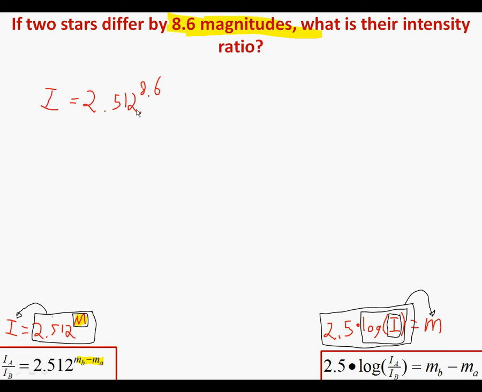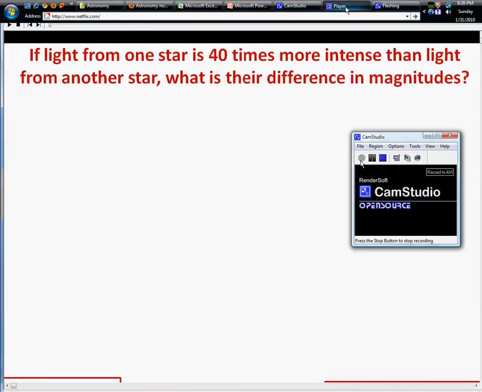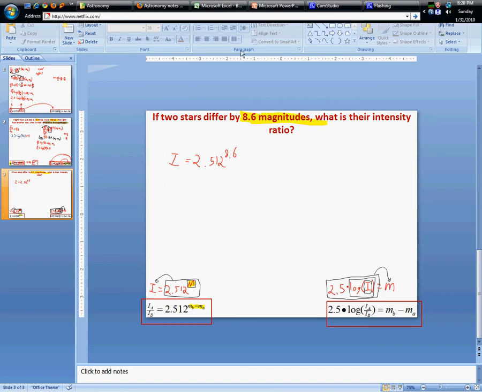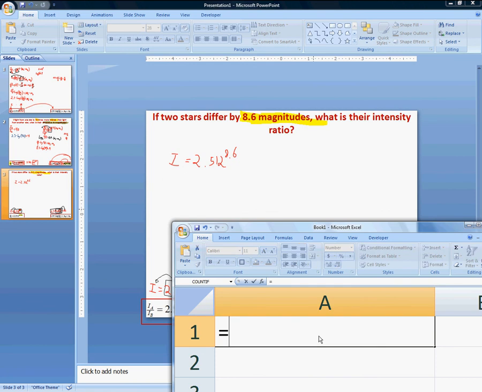So this ends up being, let me punch it into a calculator. So that was 2.512 to the power of 8.6.